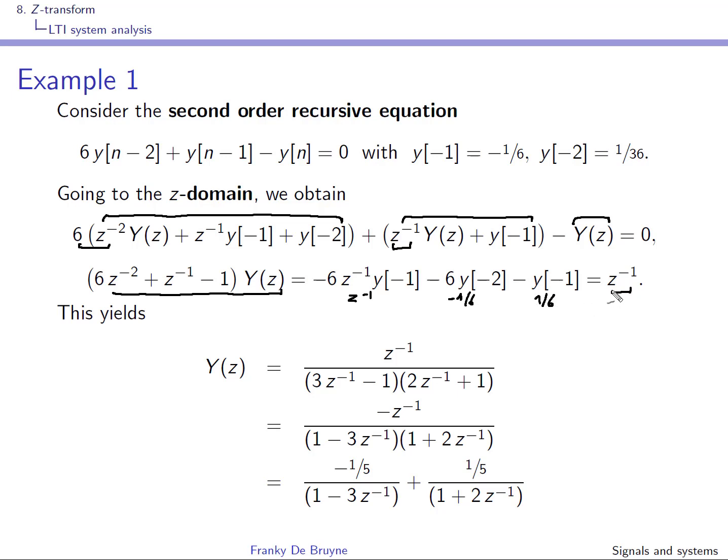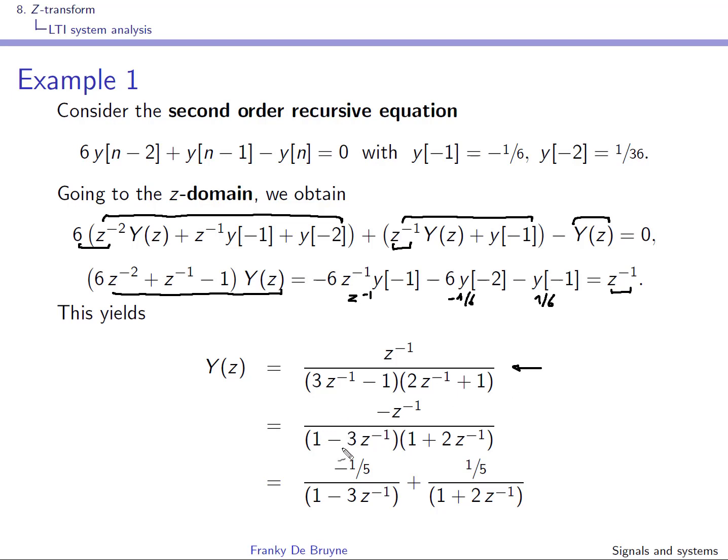So this is indeed correct. So Y(z) is this one divided by this one over here, and this polynomial has been factored. Please, when you factor, check that everything is correct, and you can see here that this is indeed the case. So this is how we obtain this expression.